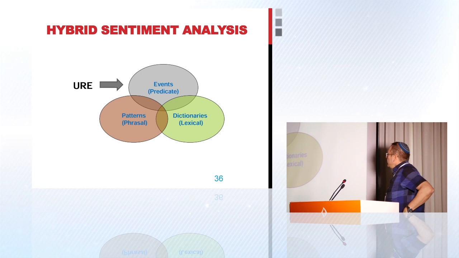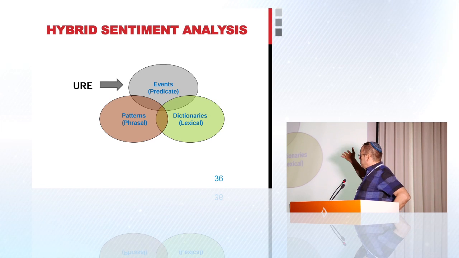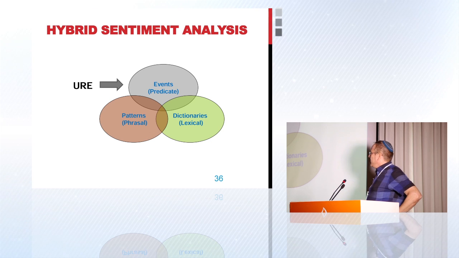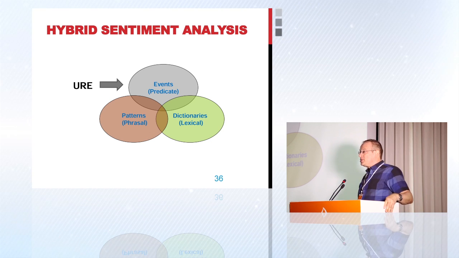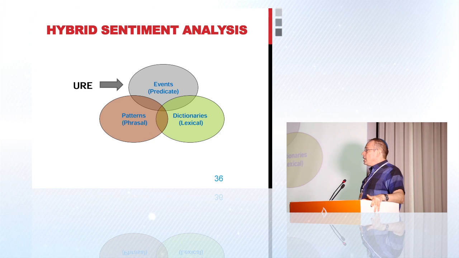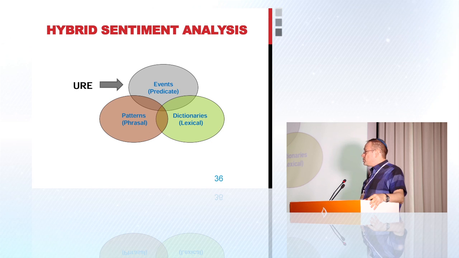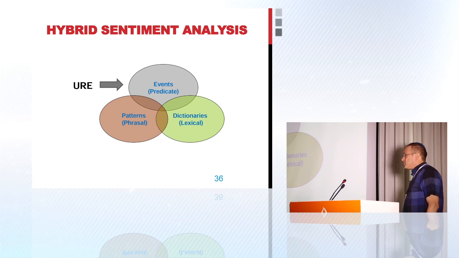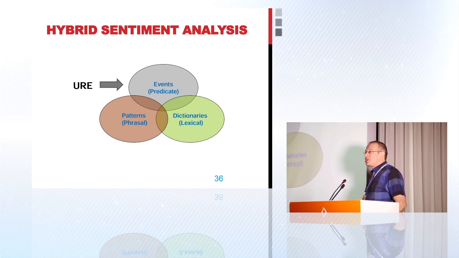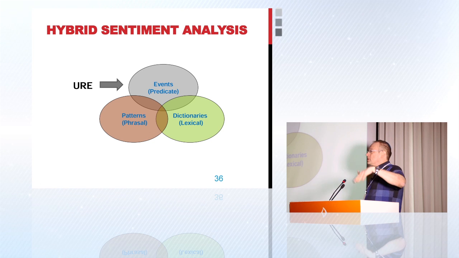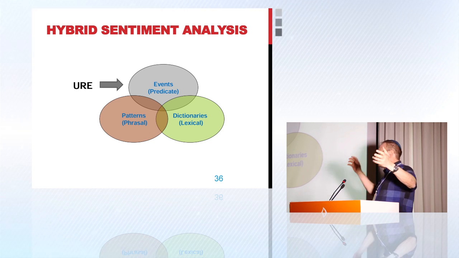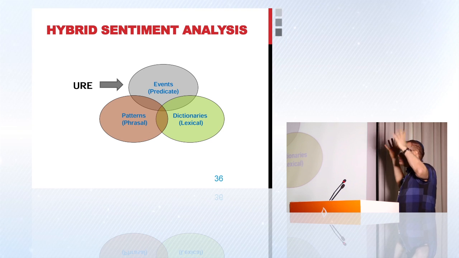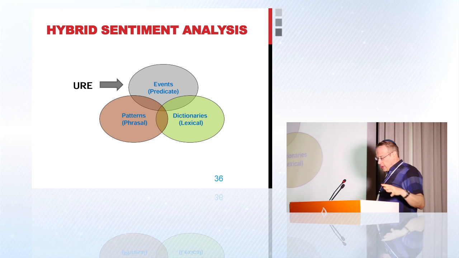So the hybrid sentiment analysis is actually using dictionaries, patterns, and events. And of course, the most relevant to the unsupervised is the events. We identify over 70 different types of business events that are related to the stocks. Anything that you may think about related to the board, the products, the dividends, the earnings, litigation, you name it.